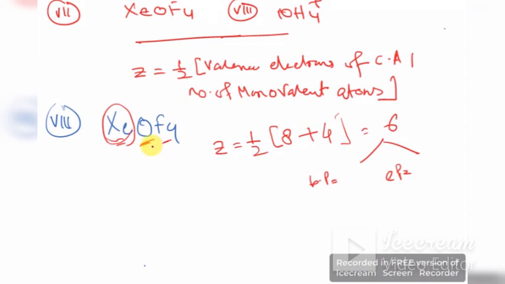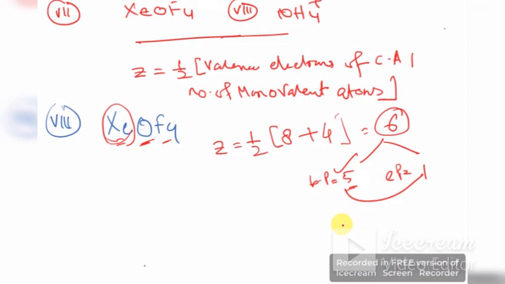Just see how many atoms. 4 plus 1, it is 5 atoms, so the bond pair will be 5. We treat double bond, triple bond, or polyvalent atoms as 1. Okay, it is 5, and the total pair is 6. For 6, there are 5 bond pairs, then 1 will be a lone pair.